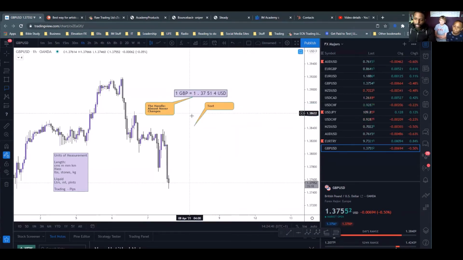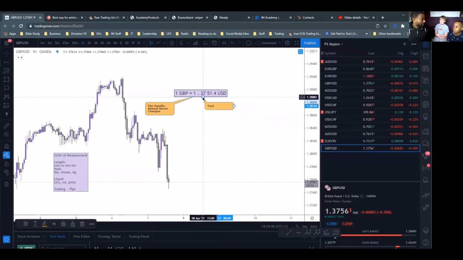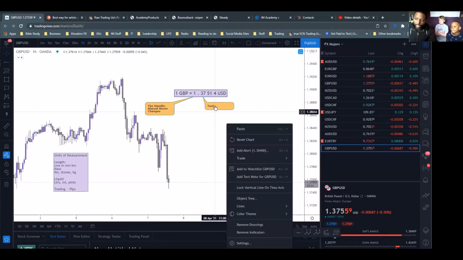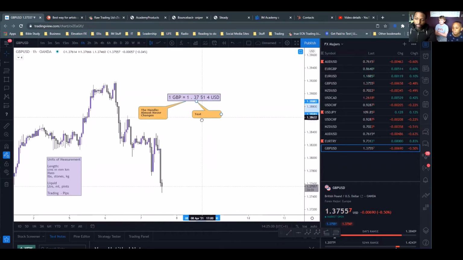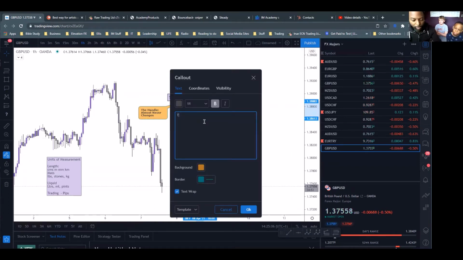Now, if we're talking about trees, as you go up from the trunk you have the branches, right? There's lots and lots more branches, and they grow a lot more frequently. And this bit of the price is called the big figure, the 2 digits, 37. We're going to call this the big figure.